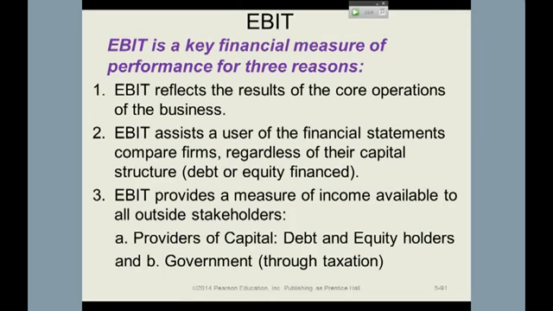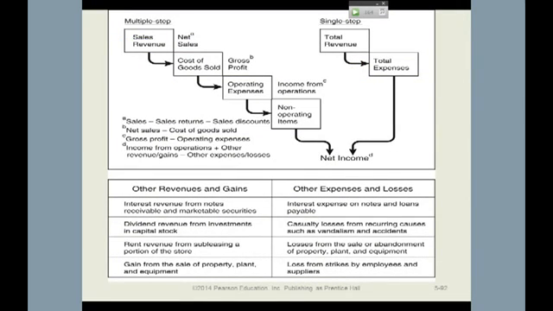All right, and finally, this is a summary for you to just understand the differences between the multi-step and single-step statement, and also defines other ways to understand other types of gains and other expenses. So for example, other revenues include interest revenue, dividend revenue, rent revenue if you sublease a store, gain from selling property.